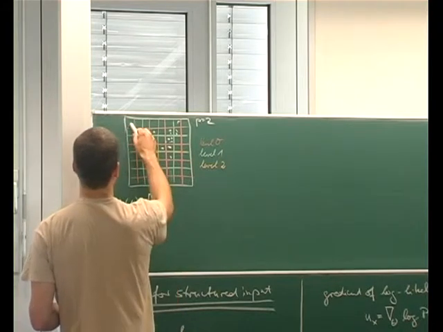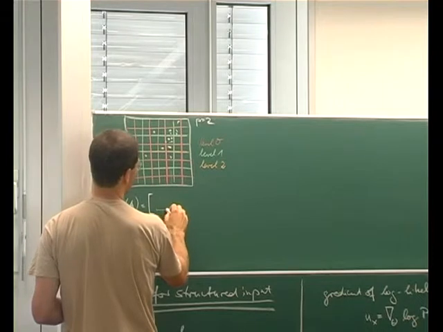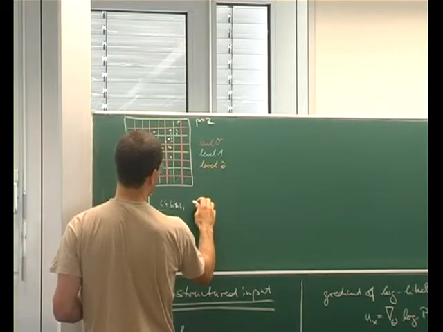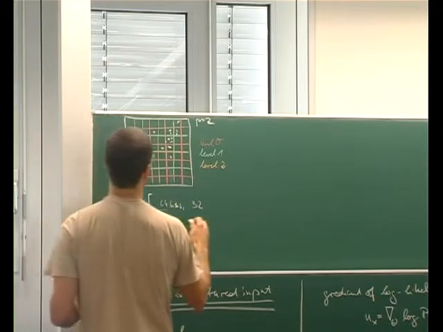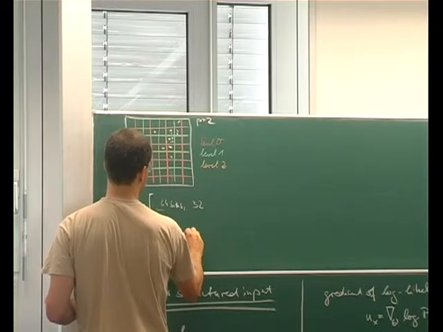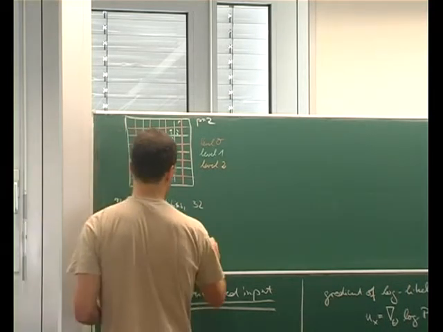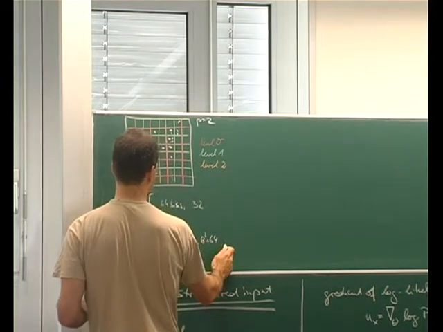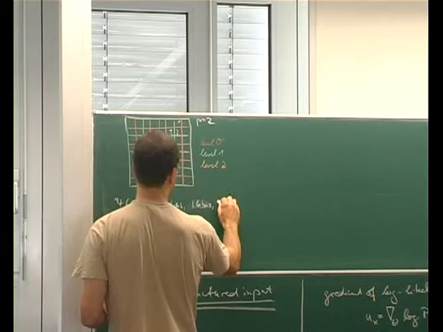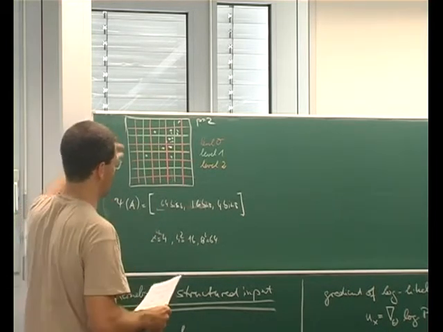So we would have 64 bins at this finest level, and then 16 bins and then 4 bins, with each bin holding the number of counts that fall into a particular bin in this data set.